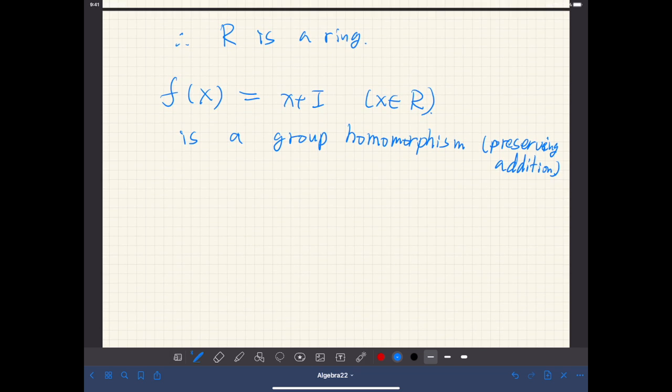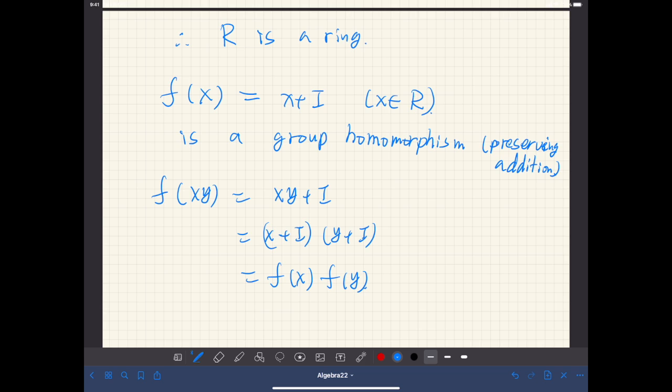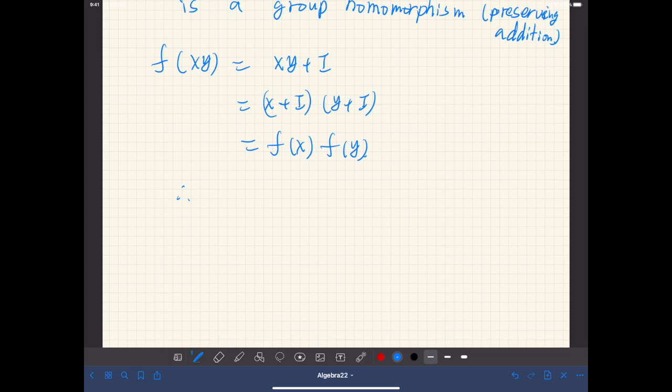And to see if it also preserves multiplication, we check f of xy. By definition, this is xy plus I, but by the definition of multiplication between two cosets, this is equal to x plus I times y plus I, but these are the results of f of x and f of y. Therefore, f is a ring homomorphism.